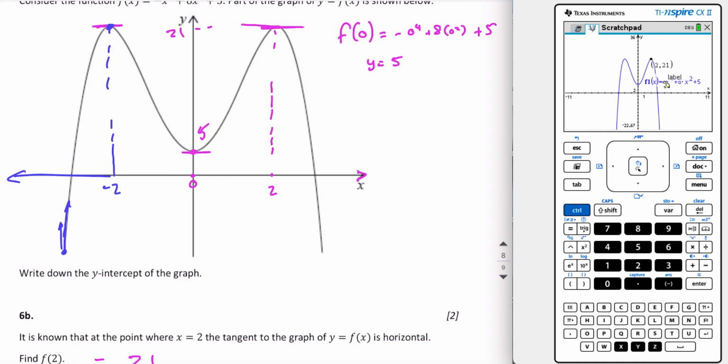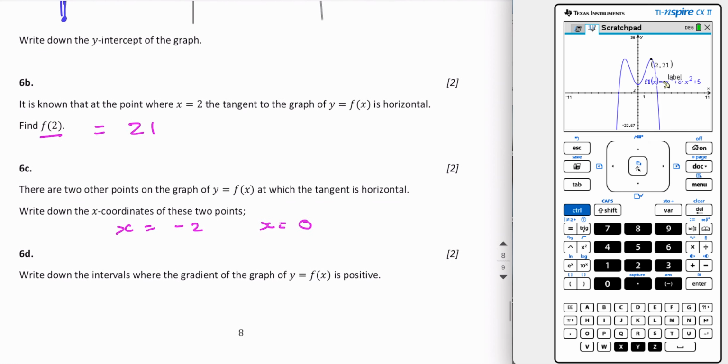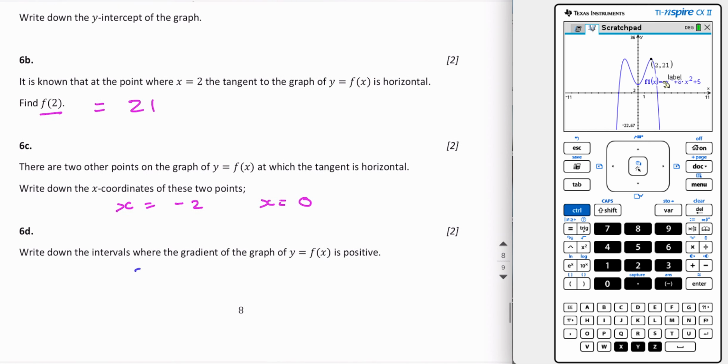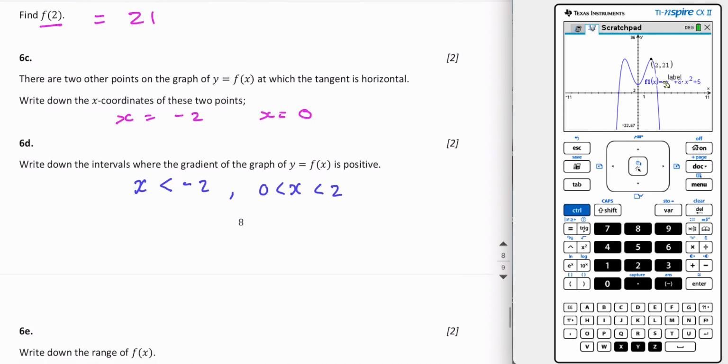But then at x is 0, it starts to go up again until we get to 2, and then it's going down. So really, we're trying to describe the domain of those values. So we can say the gradient is positive when x is less than negative 2, and x is greater than 0 but less than 2. So we're describing the domain a little bit there.